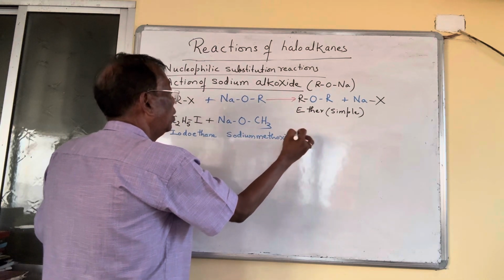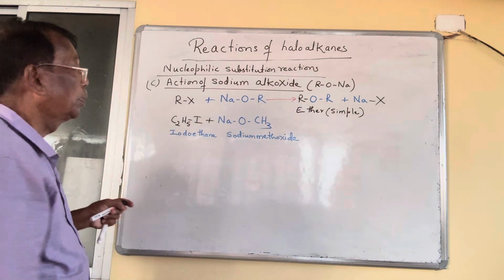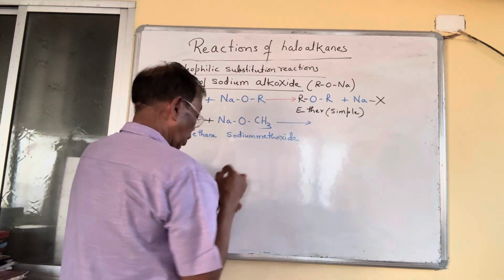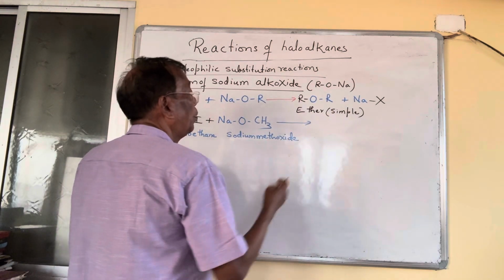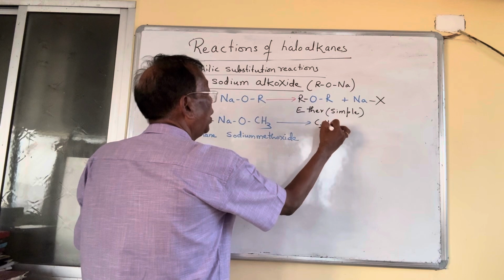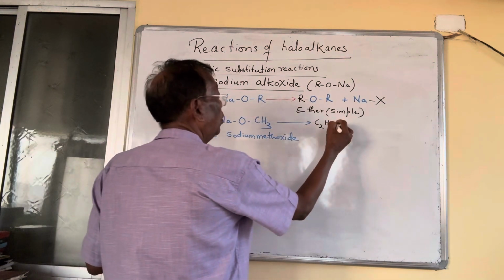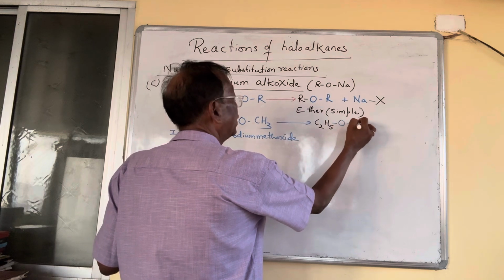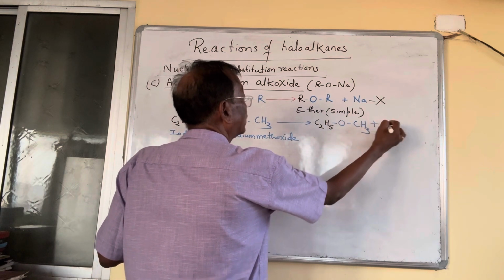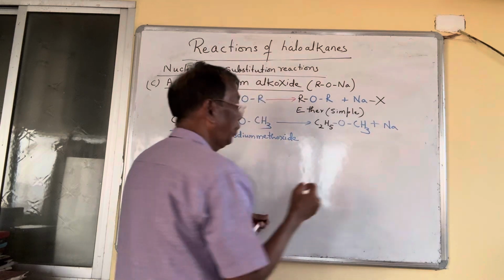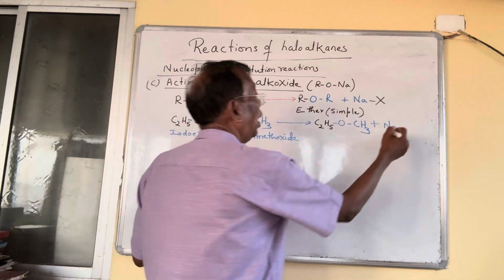Okay. Now, what will go out from here will be as it is. So what we'll get here will be C2H5, then O, with CH3, plus NaI. What we'll get here will be Na and I.